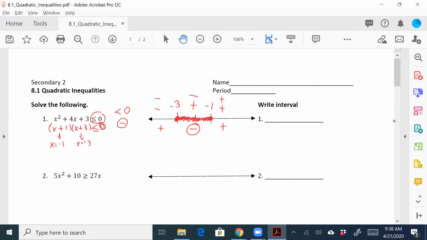And then in terms of an interval, we would write a bracket at -3. The bracket is like the closed dot over here on -3. It means it can be equal to -3. Then we put a comma, -1, and then again we have a bracket.